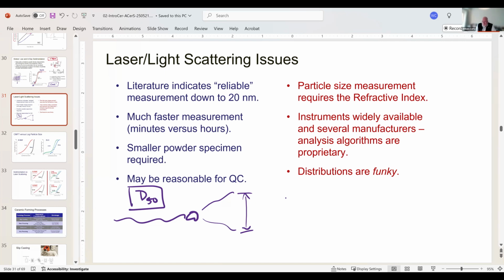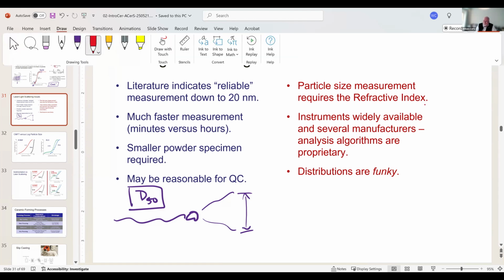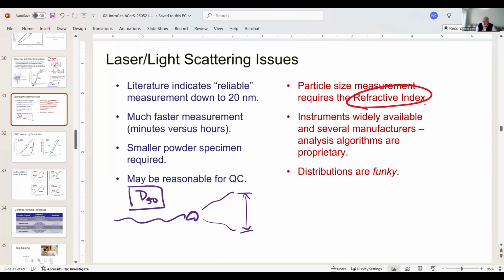The issue, though, is that this measurement technique requires that I know the refractive index of my powder, which is a difficult value to get. In fact, there are two components, a real part and an imaginary part.